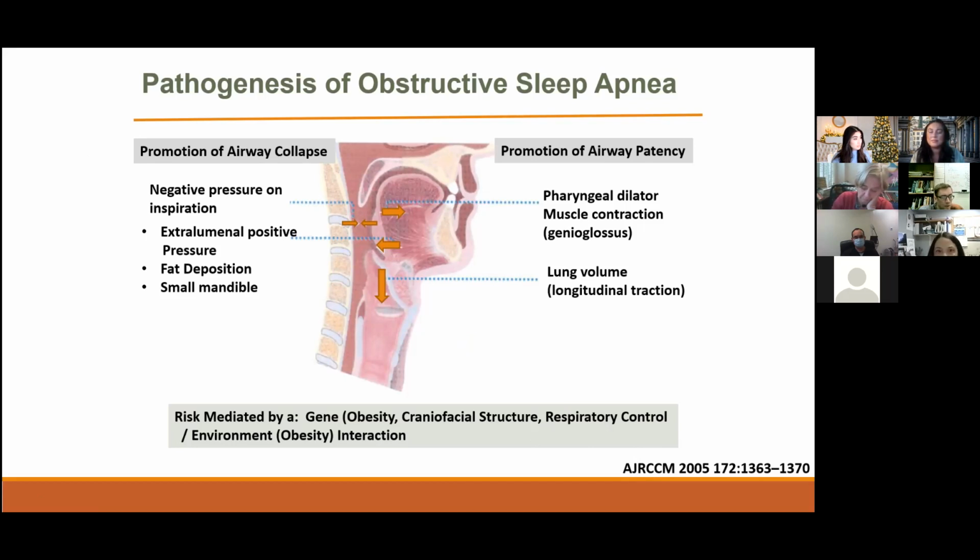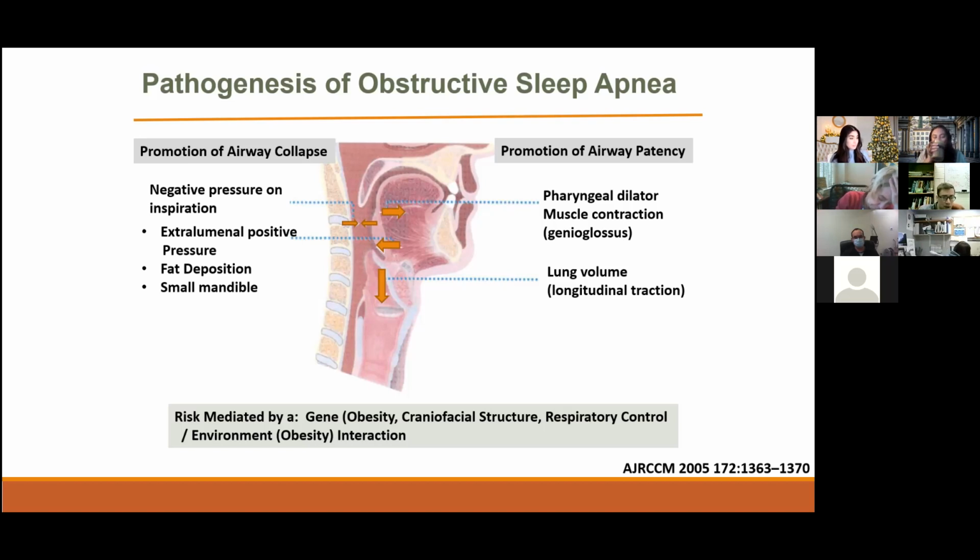Things that promote airway collapse: having a small mandible or being a little retrognathic can really impinge on the posterior lingual space. What we see a lot of in West Virginia, and unfortunately as the obesity epidemic increases, is fat deposition, particularly the lateral fat pads of the neck, which put a lot of pressure on the upper airway and portend collapse.